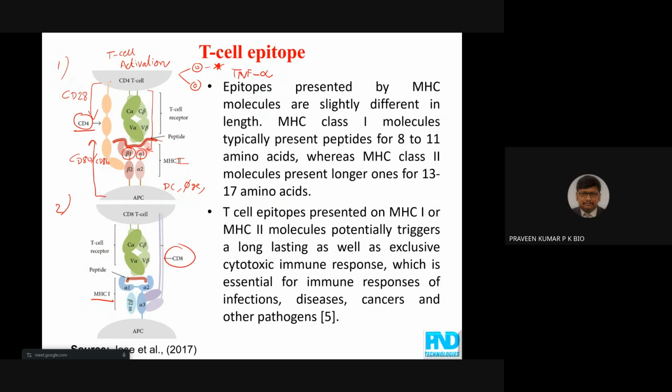In that case, this mechanism we can use for treating the cancer. But instead of CD28, if you have another molecule called CTLA4, cytotoxic T lymphocyte antigen 4, and the co-stimulatory molecules interact with the CTLA4, then obviously the T cell is not going to get activated, but it is going to get suppressed.